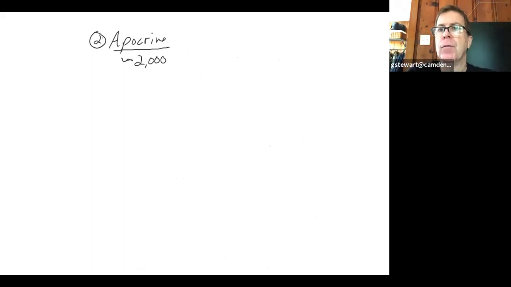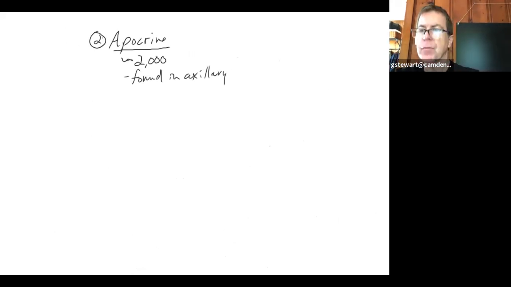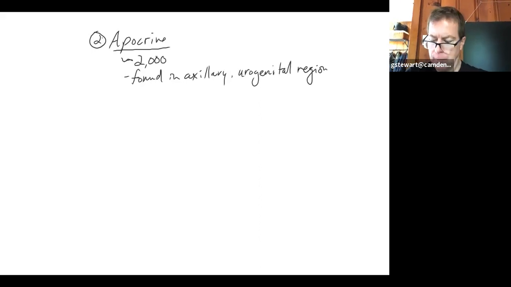They're found in the axillary region, which is the armpit region, and the urogenital region. These are associated with pubic hair, basically.